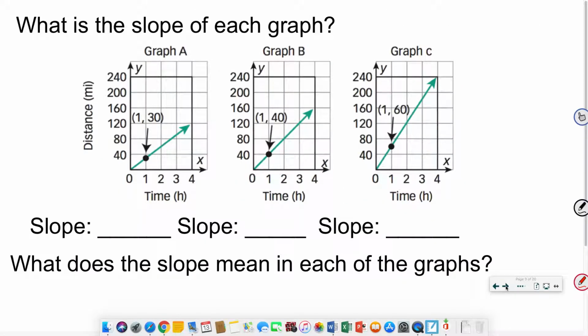Let's find the slope. Can we find the slope of each graph? Yes. How do I find the slope of each graph? What do I do to find the slope of any line? Y equals mx plus b. Okay, so we have that equation, y equals mx plus b. That is the equation that represents a line. And how do I find the slope?